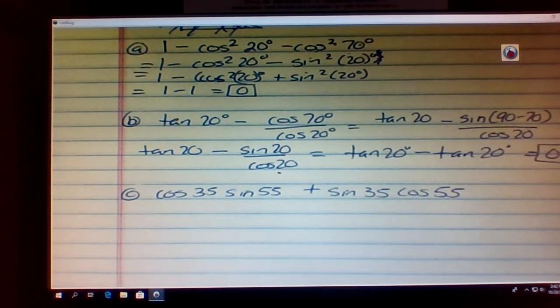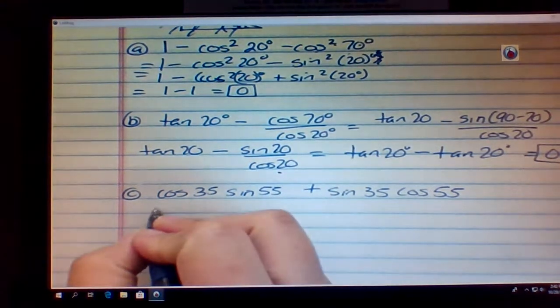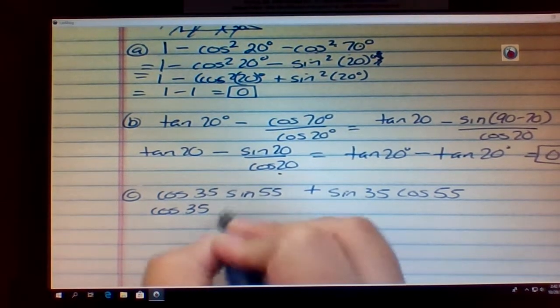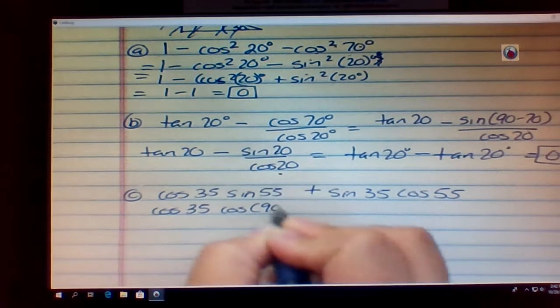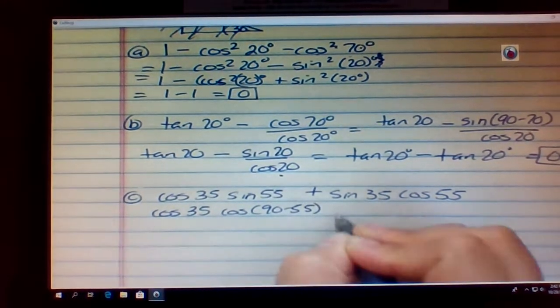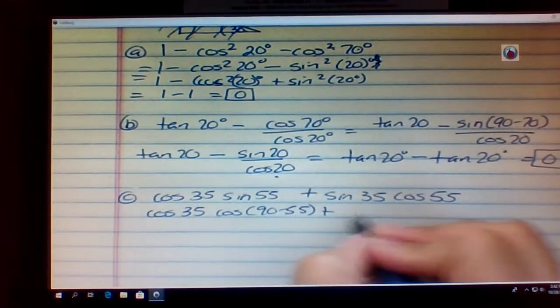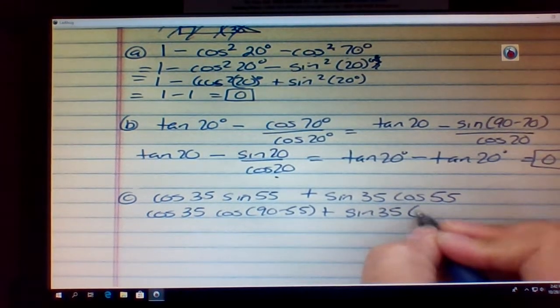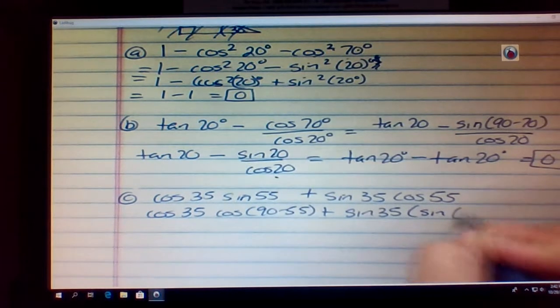Yeah. So this here is cosine of 35, this becomes cosine of 90 minus 55, this is sine of 35, and this here becomes sine of 90 minus 55. So everything is going to become a 35.